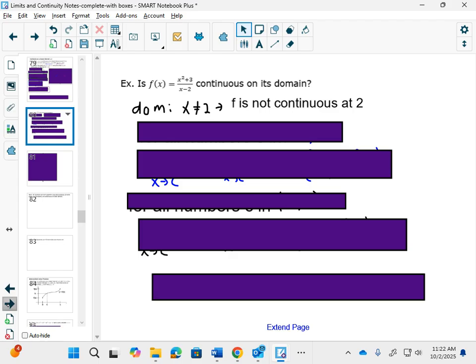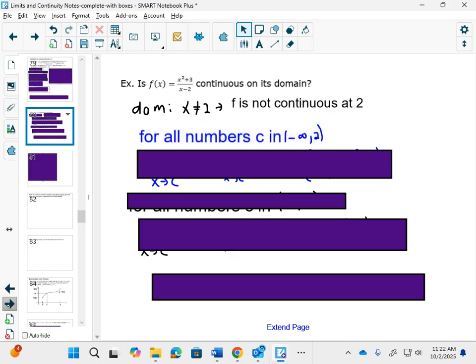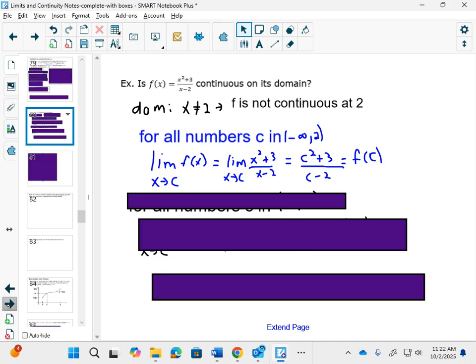So f is not continuous at 2, but for all the numbers between negative infinity and 2, we can prove that you could plug in any number in there, and the limit will be exactly f of c, because it's not equal to 2.